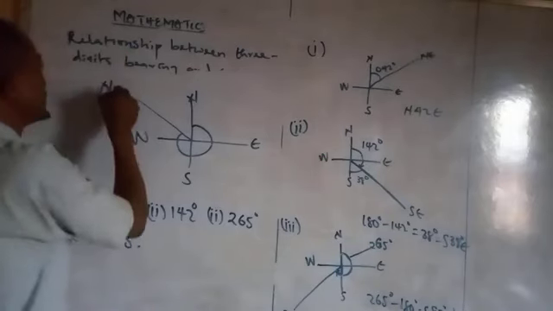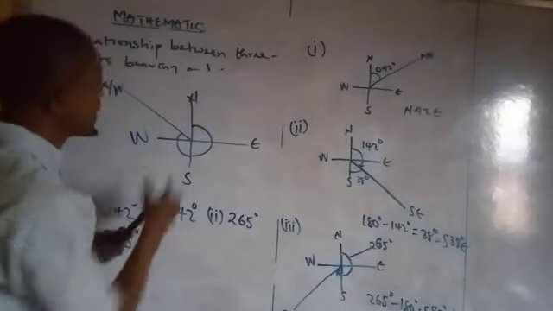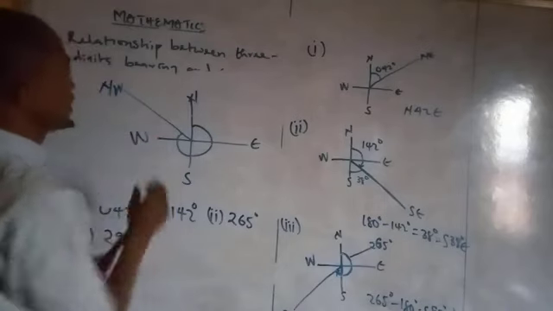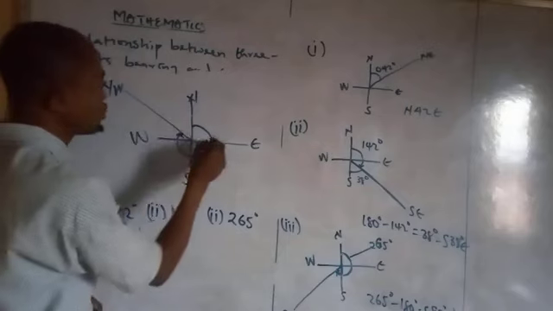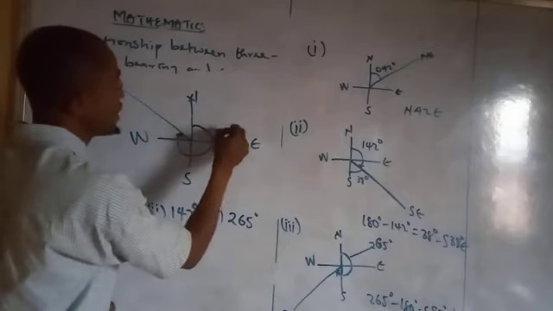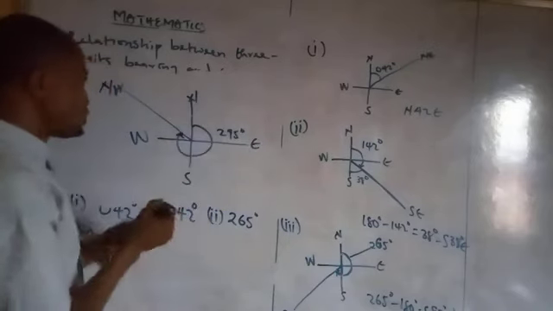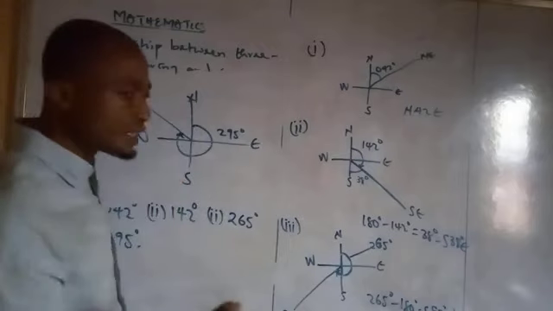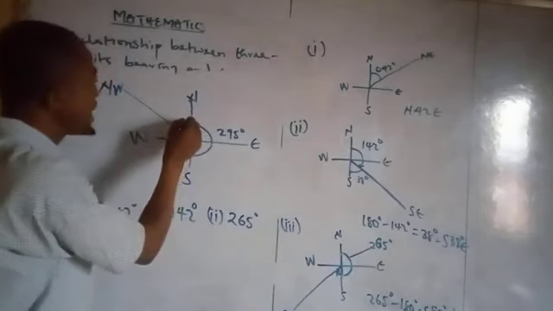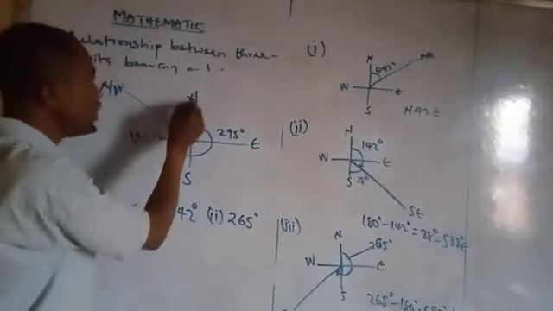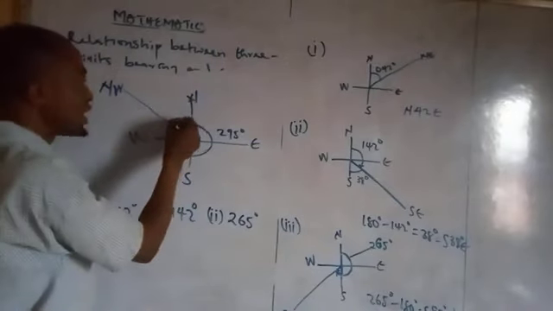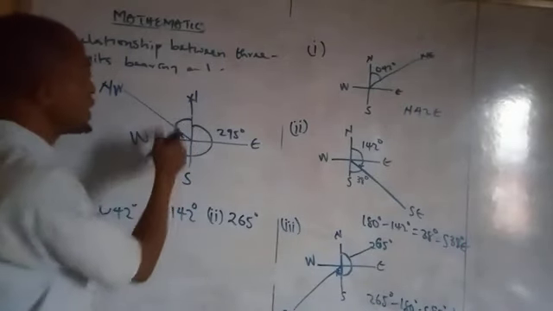So now this is north, west. You take your direction from the north. So we said that this is 295 degrees. For the 2-digit bearing, the angle that we found here, from north to west, that is our 2-digit bearing. Then how do we get this?